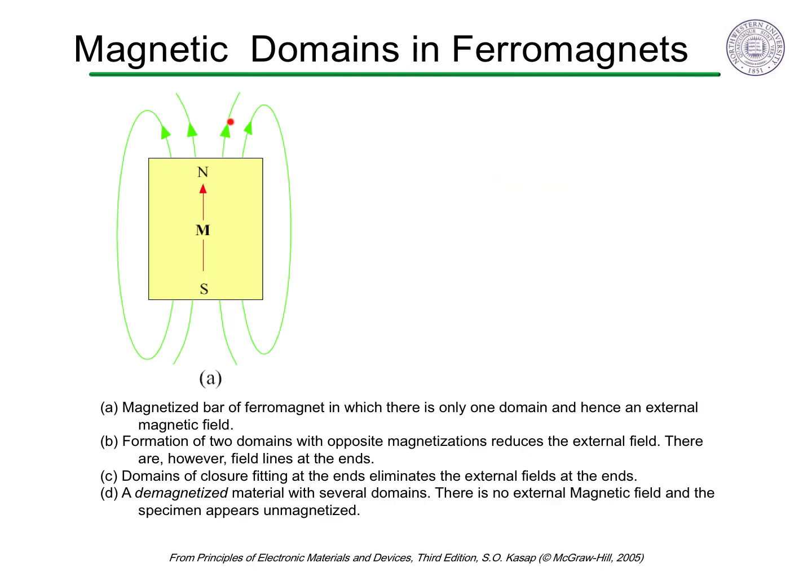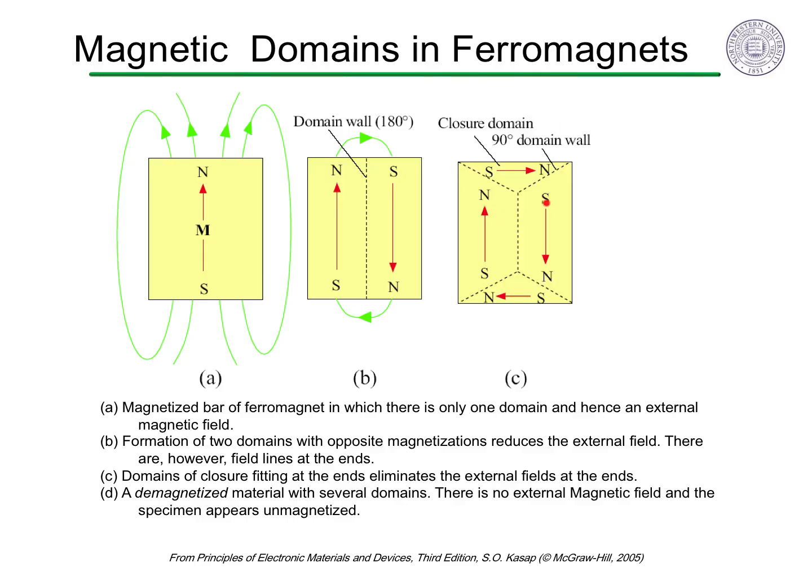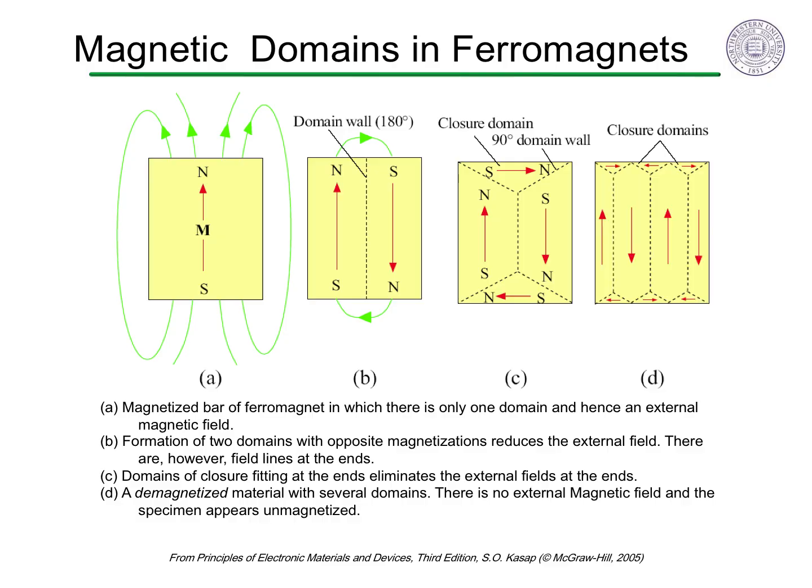A single domain produces a magnetic field outside the material which stores magnetic energy. The formation of two regions with opposing spins reduces the external magnetic field, but requires the formation of a domain wall. The formation of more domains can further reduce the external fields. There may be several domains where there is no external field produced.